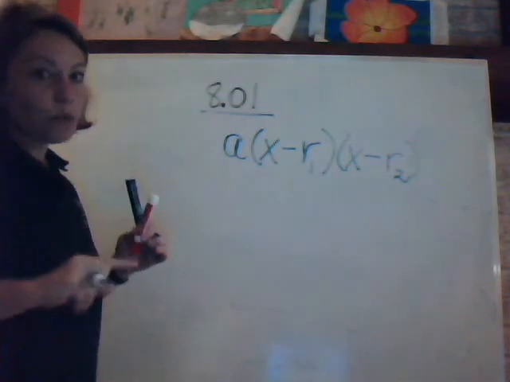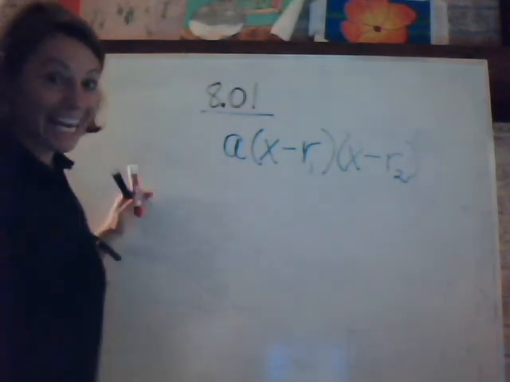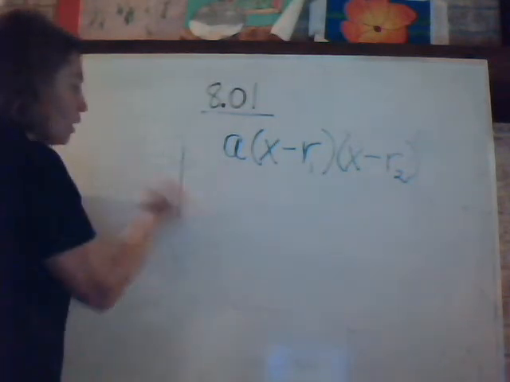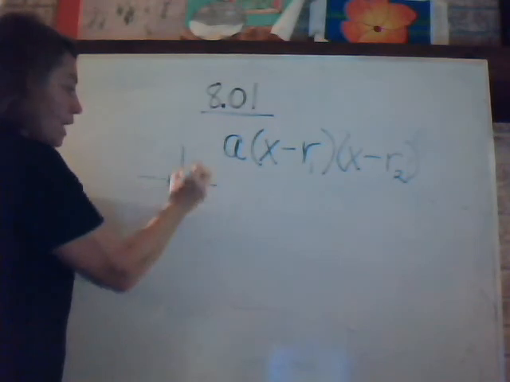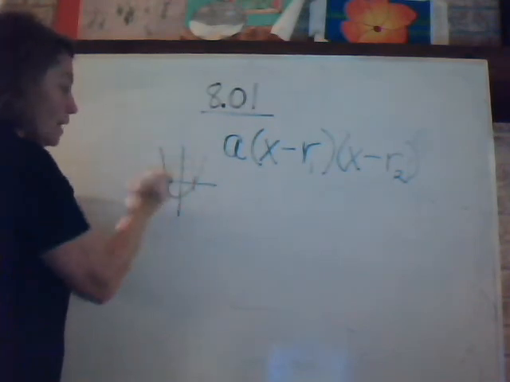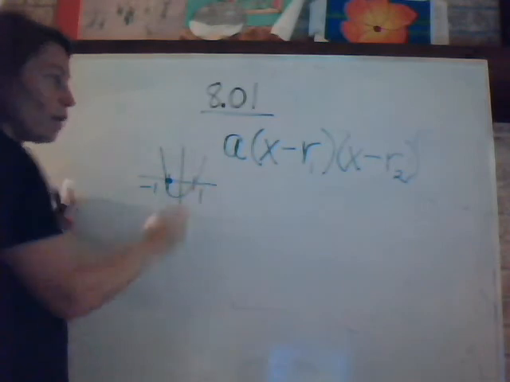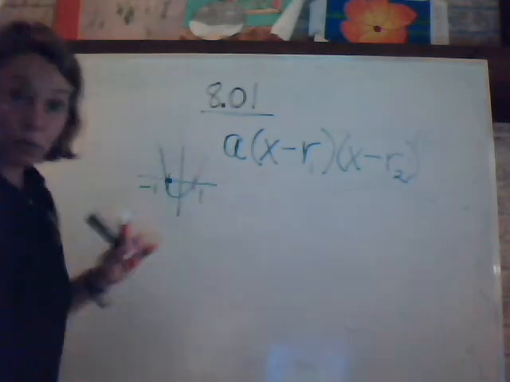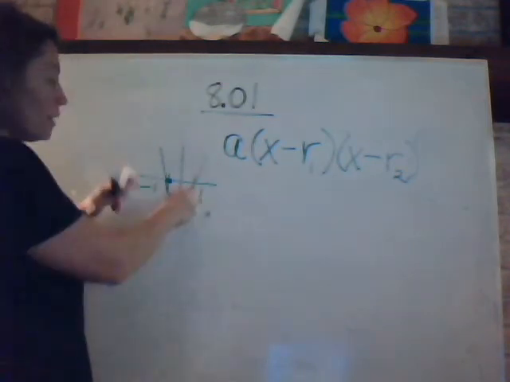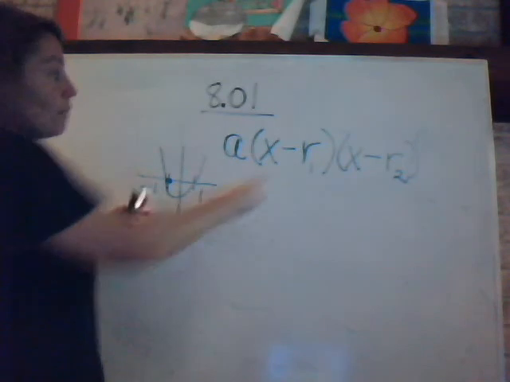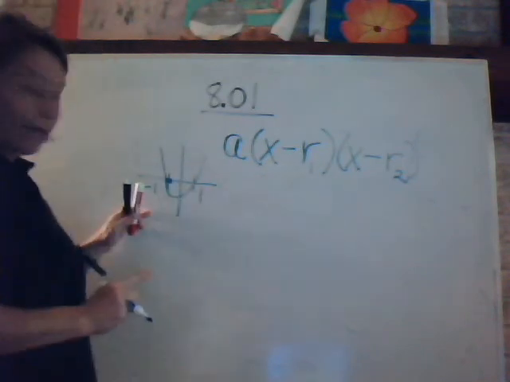So if you guys remember, roots are where we cross the x-axis. So if I'm looking at a quadratic, and I cross the axis at negative 1 and positive 1, they're my roots. Okay, they're the x-intercepts. We get those from factoring.